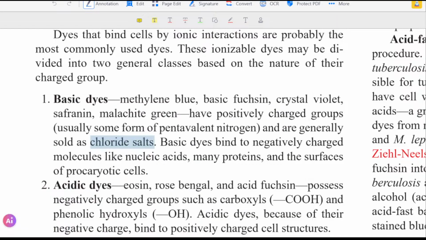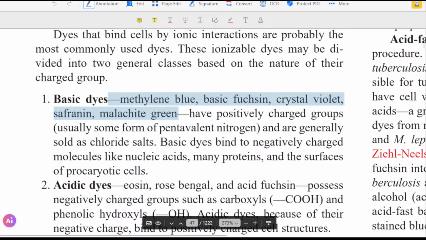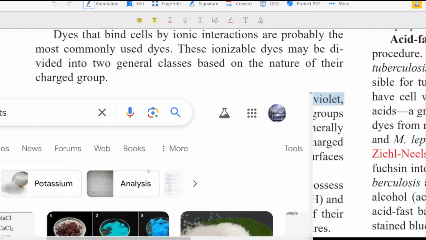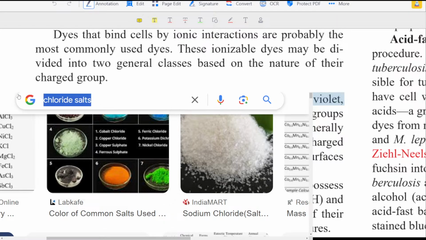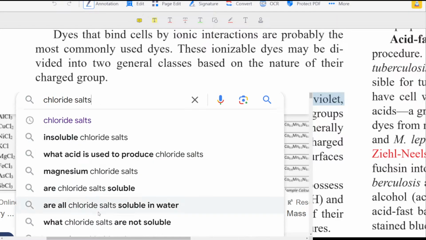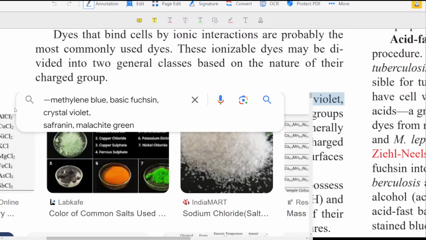Alright, so we are good with it. So these are chloride salts, and I don't know methylene blue. Wait, let me search for their whole names. Do the names that we just studied match with these names? Oh, no. Let me look up the real names.